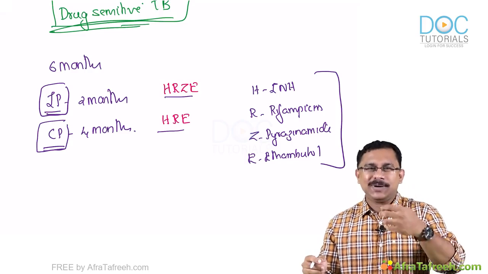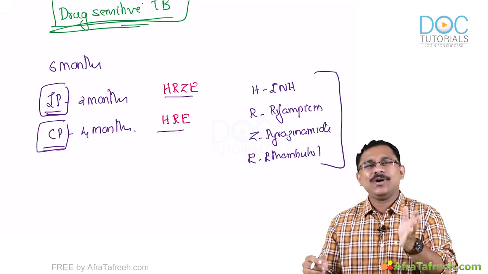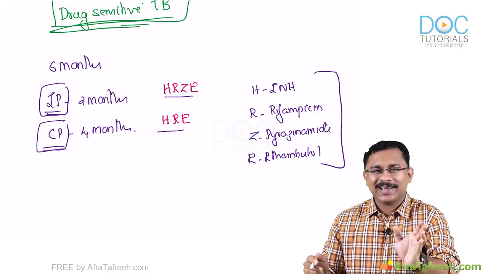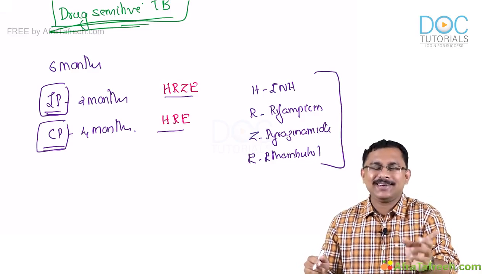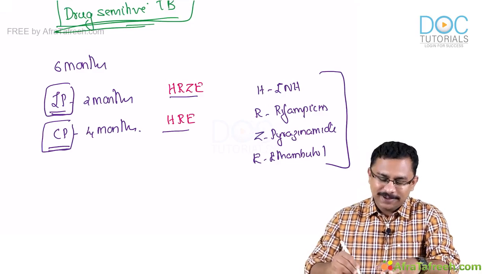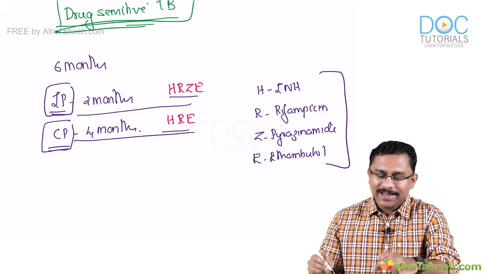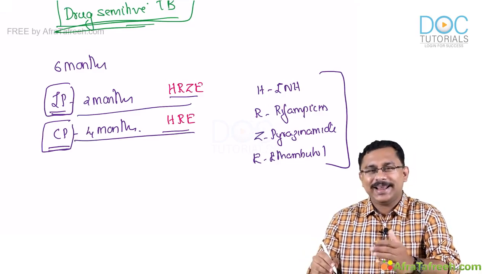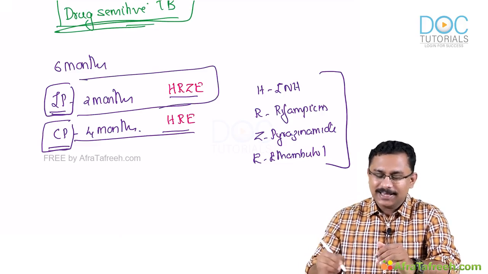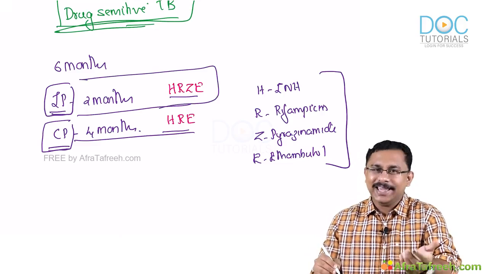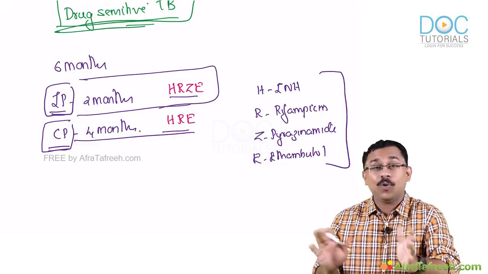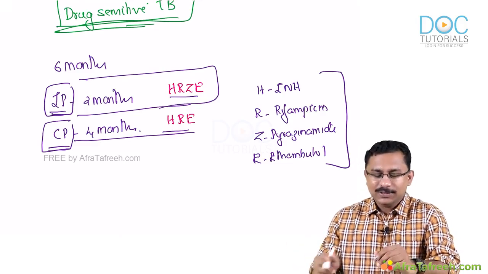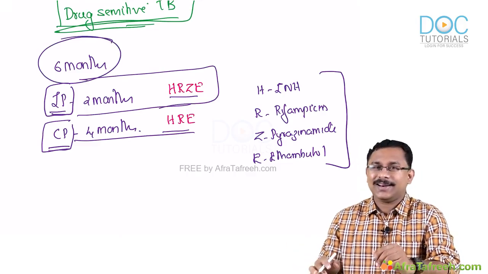To remove these persistent bacilli, you go for the continuation phase. That is the logic behind an intensive phase and a continuation phase. So INH, rifampicin, pyrazinamide and ethambutol in the intensive phase, and in the continuation phase INH, rifampicin and ethambutol, no pyrazinamide. That is going to be your 6 month regimen.